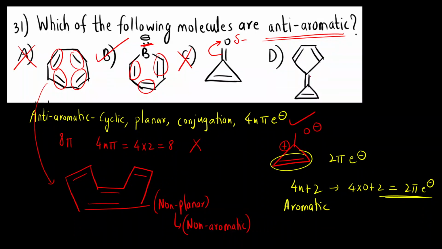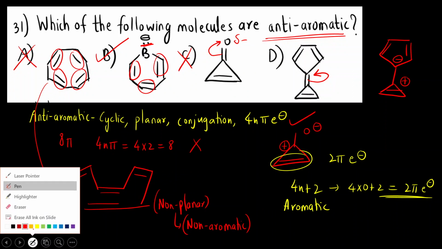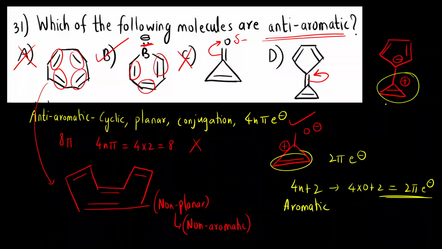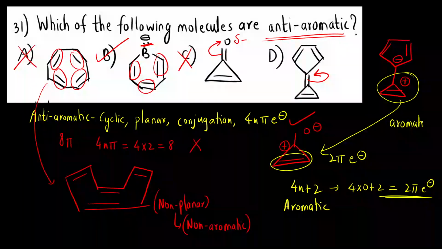For option D, I can break this double bond on this side. I will get a pi bond and negative charge, and here there will be a positive charge and a pi bond. First let us see this ring. This is the same as this. It is aromatic, with 2 pi electrons.